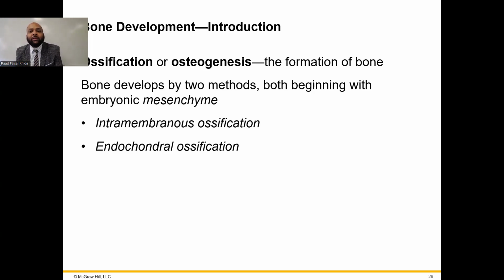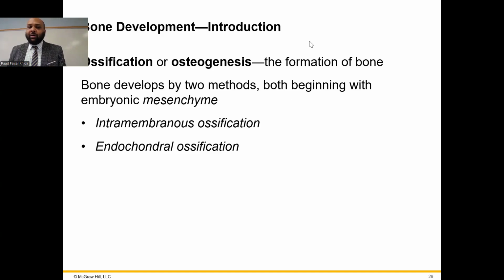So bone develops by two methods, both beginning with, obviously, the mesenchyme, the mesoderm. So there's embryonic mesenchyme. There is intramembranous ossification, and there is endochondral ossification.